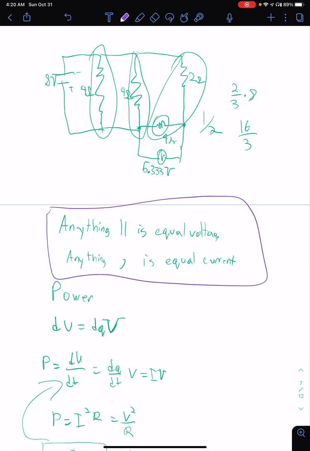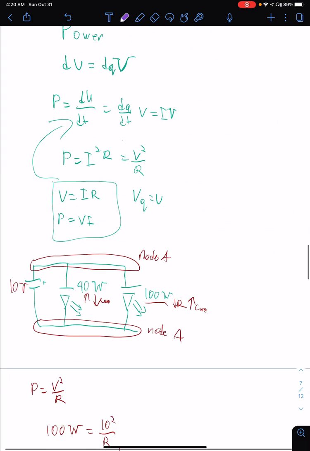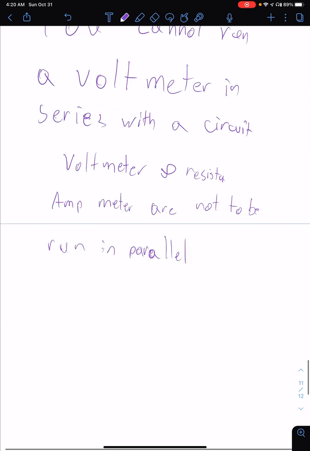Anything in parallel is equal in voltage, anything in series is equal in current. And this applies to your ammeters and voltmeters when they're drawn in a circuit, or they tell you to draw a circuit that will measure the current in the circuit and the voltage across the circuit. That is exactly what they're asking for. That's going to be the trick question on the exam. I dare you, I bet you on that.